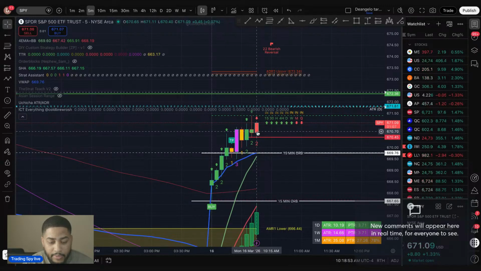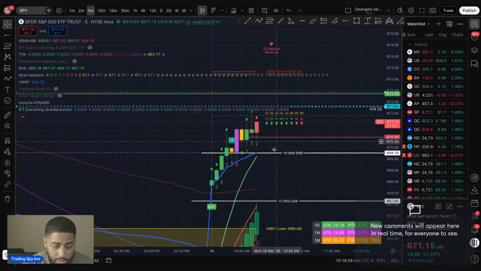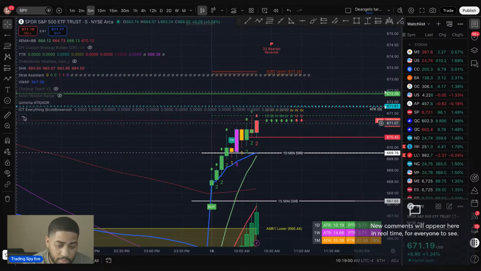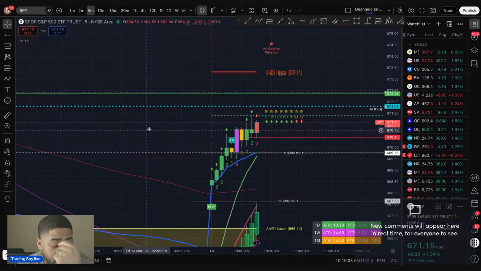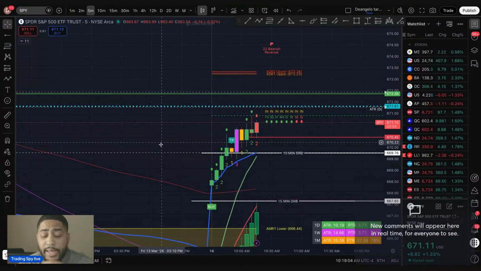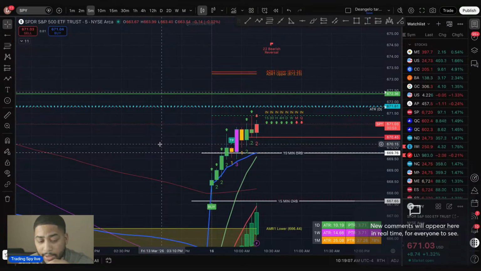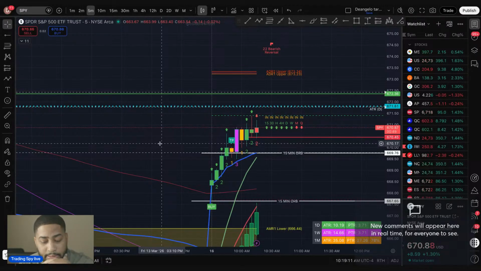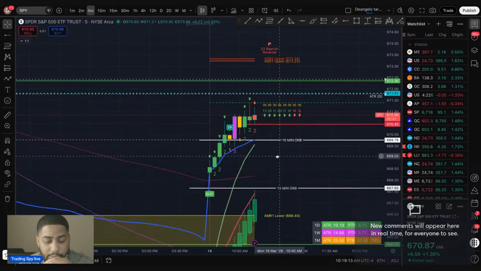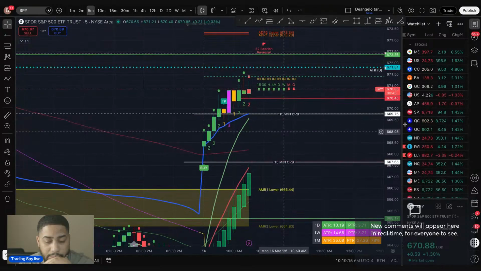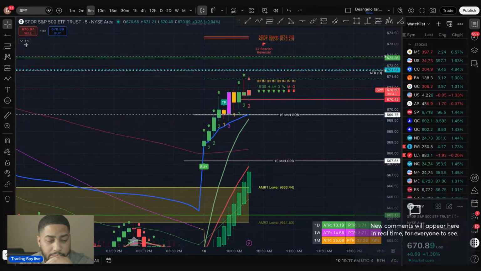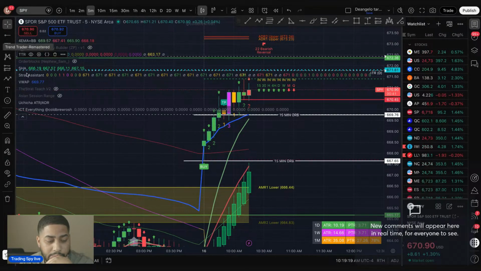But this candle that we're in right now went lower than the last candle, but buyers stepped in strong. And man, this market is crazy. This is a real gap and go, meaning this thing has not pulled back yet. This thing is strong.